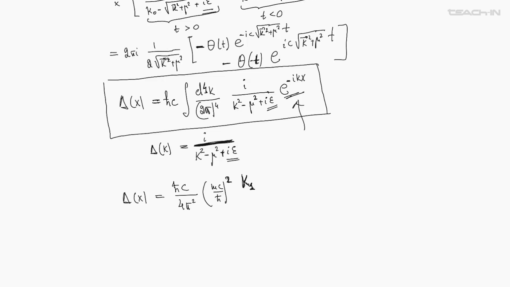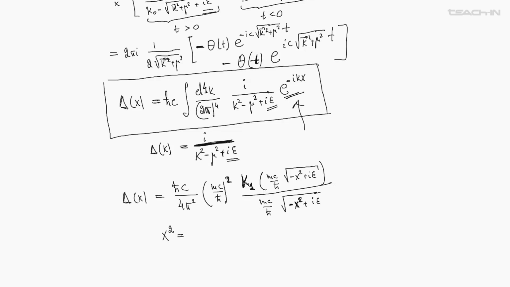And this causality prescription with i epsilon goes now in the x space as minus x squared plus i epsilon, divided by mc over h bar, square root of minus x squared plus i epsilon, where x squared is the standard relativistic interval, x0 squared minus x vector squared.